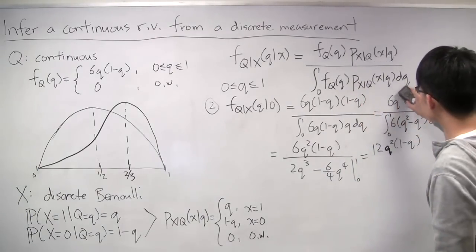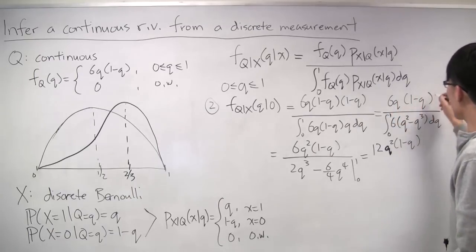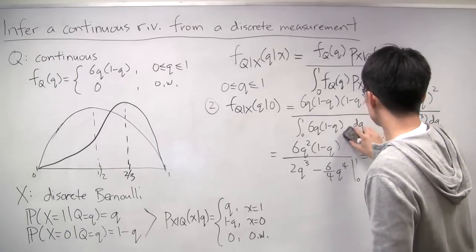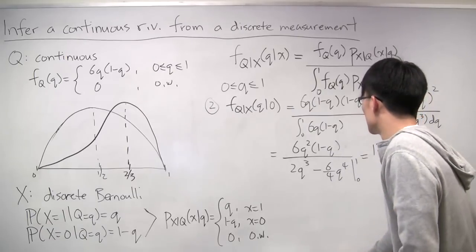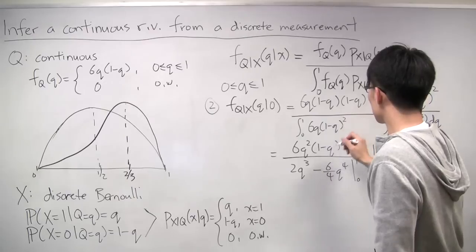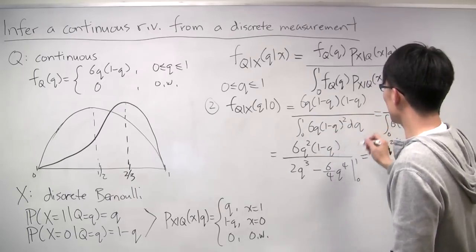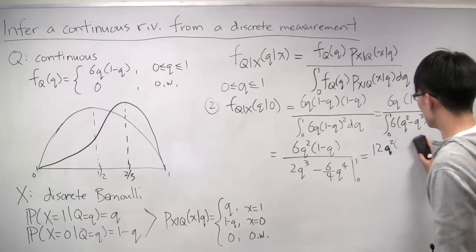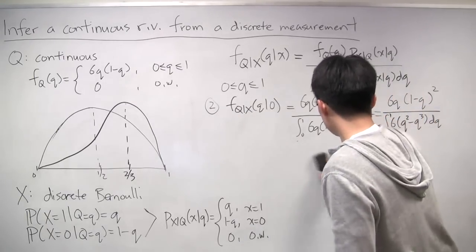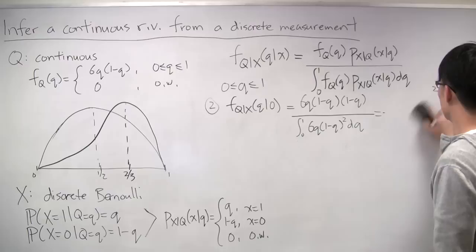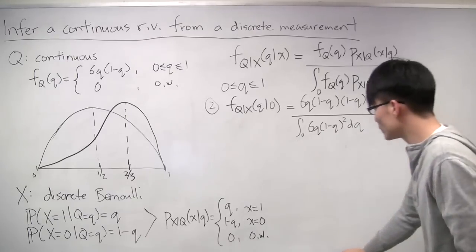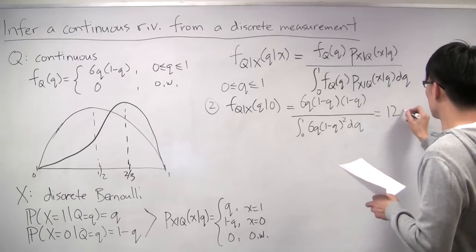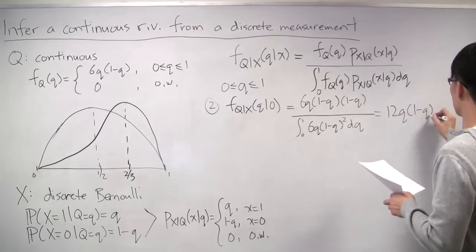And now this term becomes 6q times 1 minus q squared. And similarly, the bottom is also 6q times 1 minus q squared dq. And if you go through the same sort of calculus, in this case the answer is 12q 1 minus q squared.